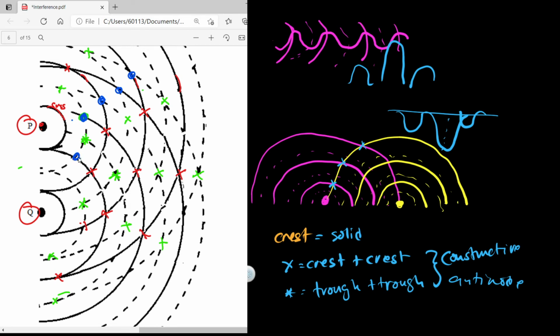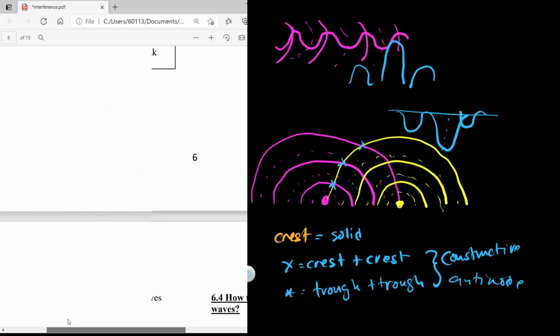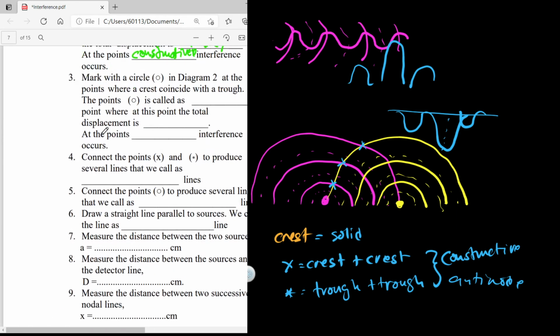Here we have solid dotted, solid dotted, and then solid dotted here, and here we have solid dotted, and so on. So we have marked them with circles.